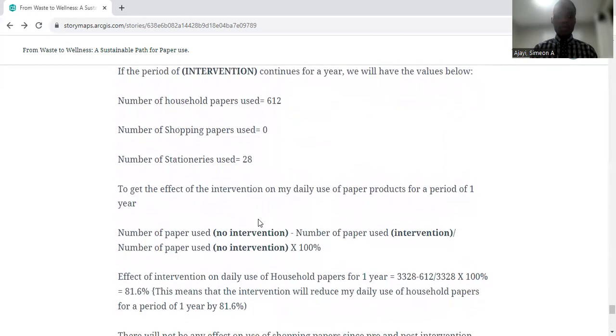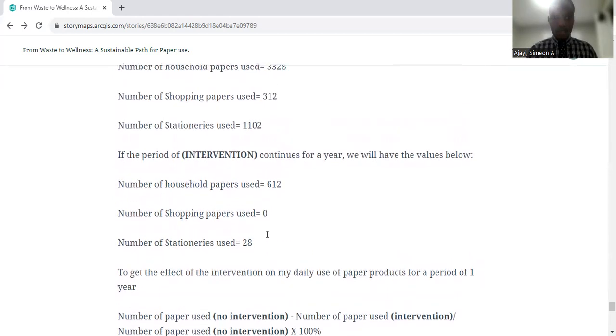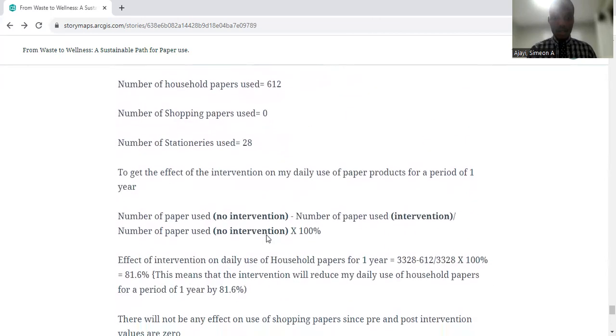So to get the effect of intervention on daily use of paper product for a period of 1 year, it will be number of paper used, no intervention, minus number of paper used, intervention, over number of paper used, no intervention, times 100%.